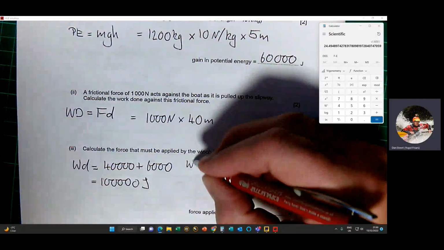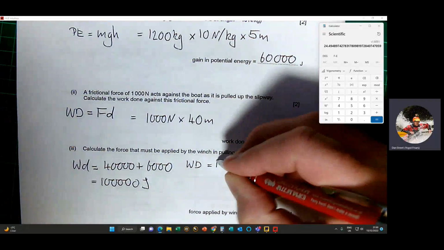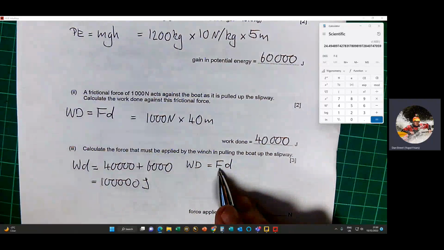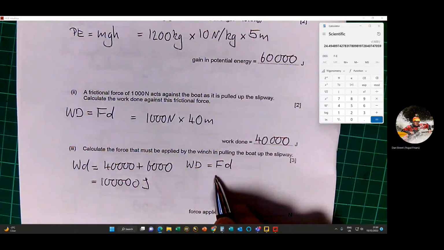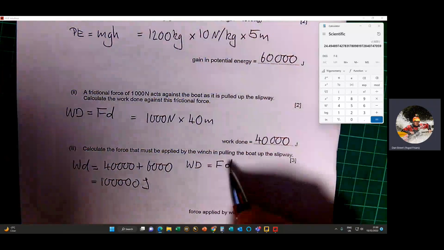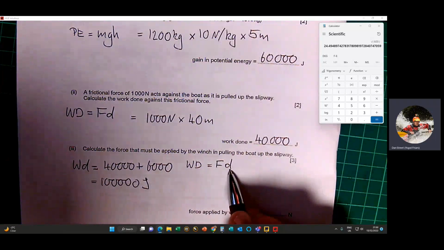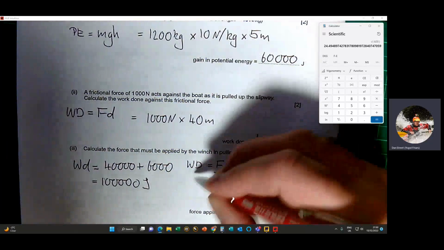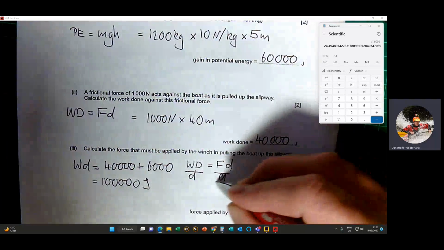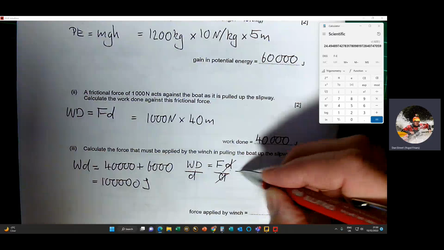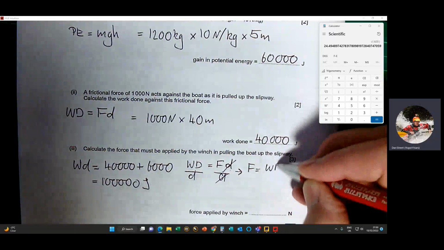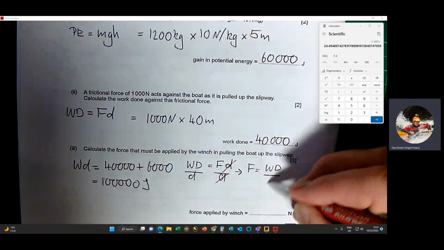so work done is force times distance, but we want to know the force rather. So if we rearrange this, if we divide both sides by the distance, the distances cancel, and we can rewrite that as force is the work done divided by the distance.